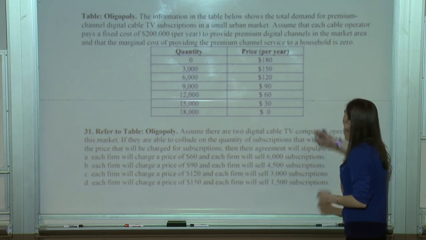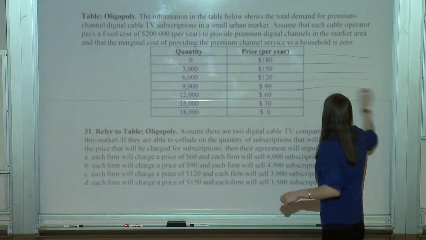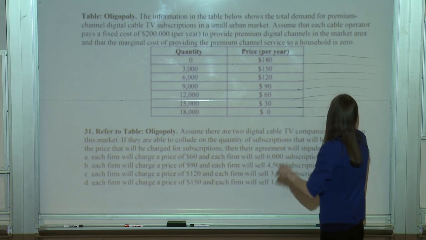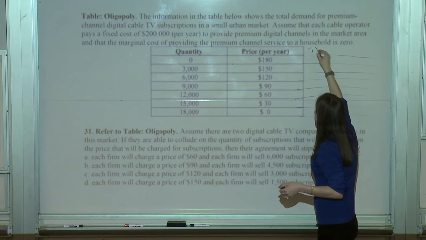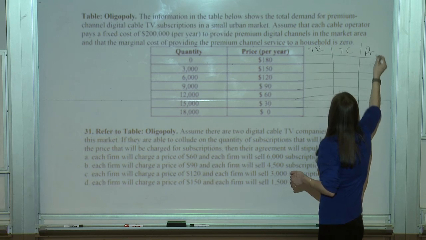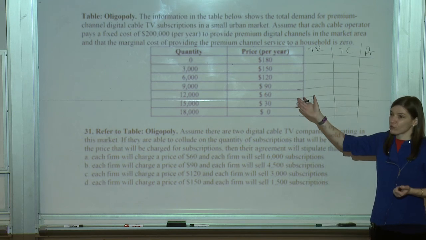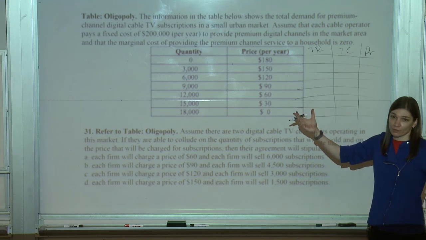All right, so at each quantity, I need to find the profit. This is easy, actually, because total revenue minus total cost equals the profit, right? Because there's only fixed costs, total cost is just going to be the fixed cost.